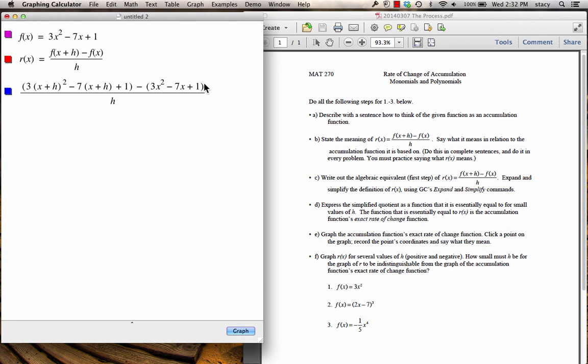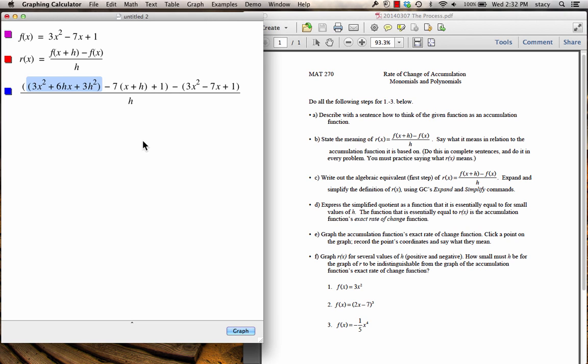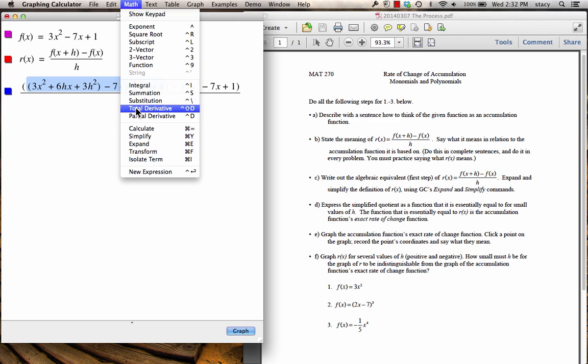Okay, and so graphing calculator is neat because I can select little pieces at a time if I want to, and I could go to the math bar and say expand, and it'll do the multiplication to expand out that expression, so the foiling that some of you referenced in class.